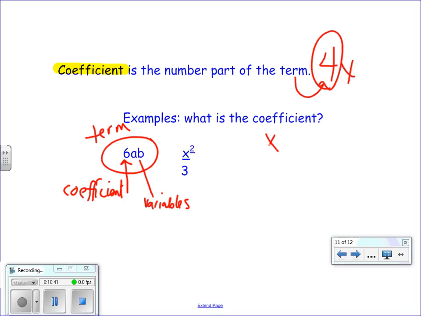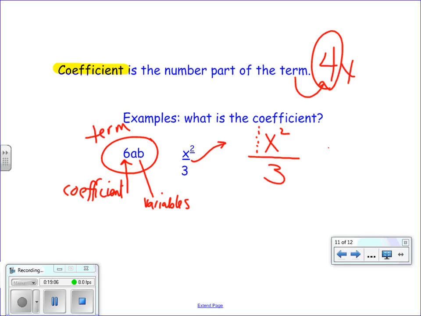Okay, let's look at x squared over 3. What is my coefficient here? Think about this. What is the number that's in front of the x? There's a 1 in front of the x, isn't there? So let me ask you a question.